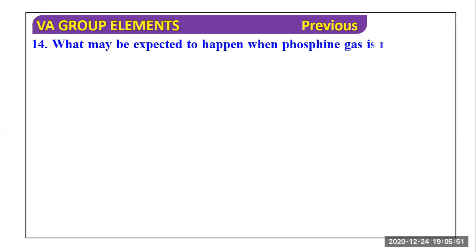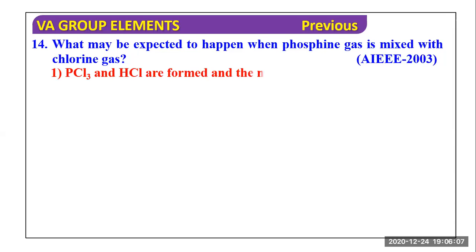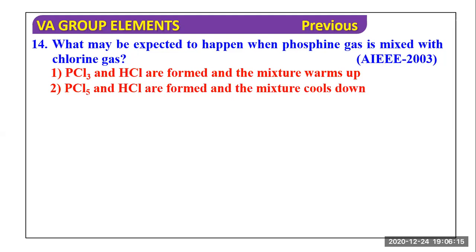Now question number 14. What may be expected to happen when phosphine gas is mixed with chlorine gas? Option 1: PCl3 and HCl are formed and the mixture warms up. Option 2: PCl5 and HCl are formed and the mixture cools down. Option 3: PH3 and Cl2 are formed with warming up.